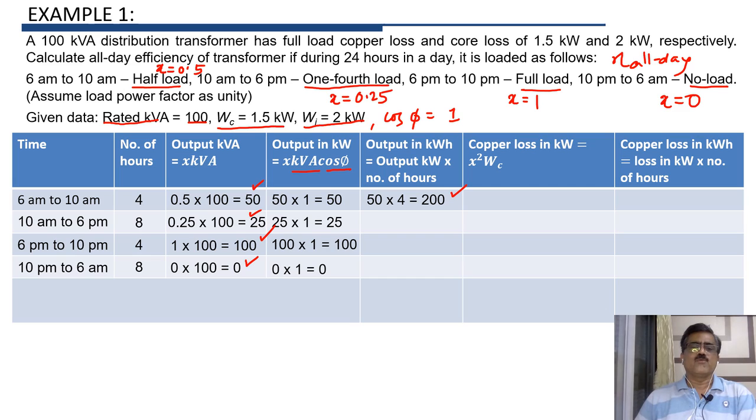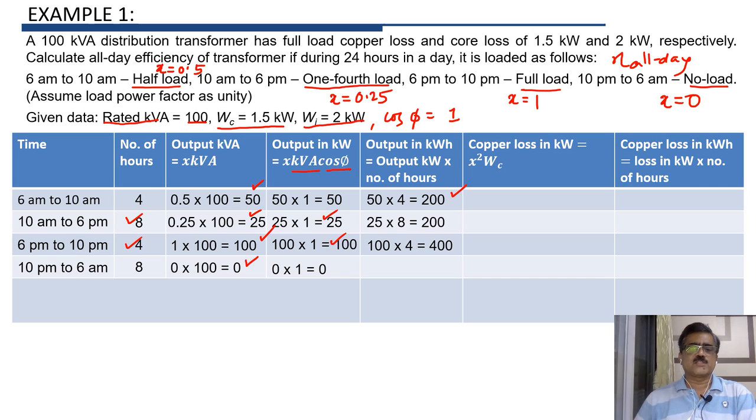Similarly, for the next time slot, the number of hours is 8 and output is 25 kW, so 25 into 8 is 200 kilowatt hour. During the next slot, output is 100 kilowatt and the number of hours is 4, so 100 into 4 is 400 kilowatt hour.